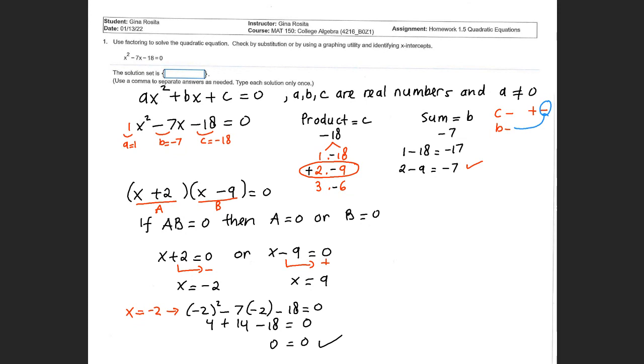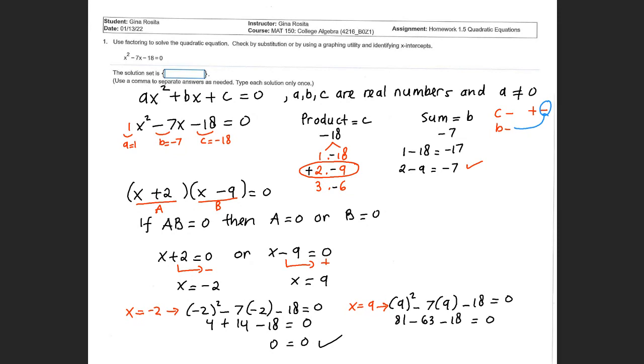Now check again for x equal 9. Just change x to 9. So 9 squared minus 7 times 9 minus 18 equal 0. So 9 squared is 81, minus 63, minus 18 equal 0.